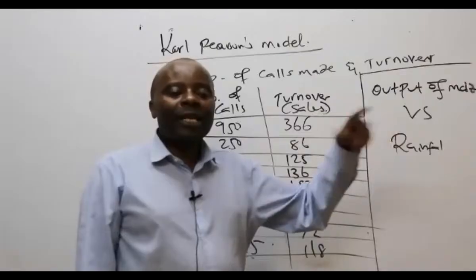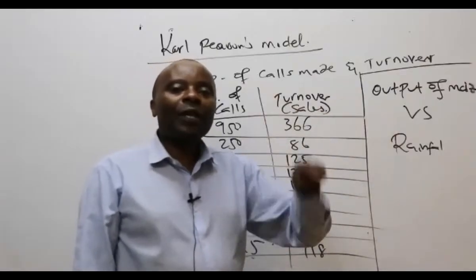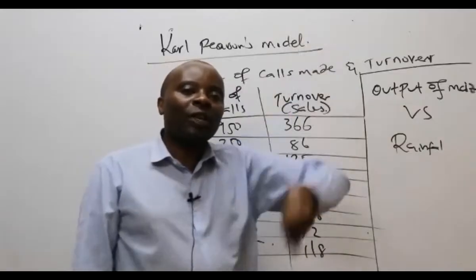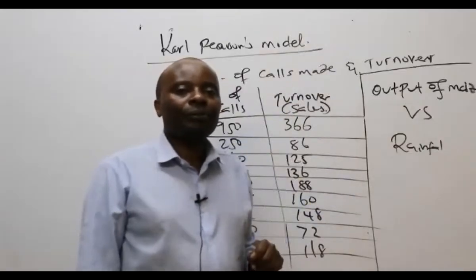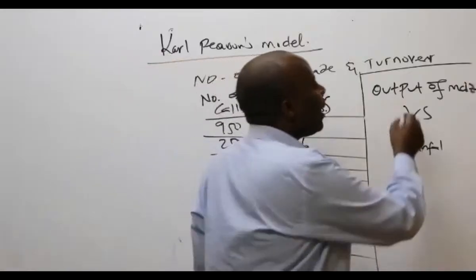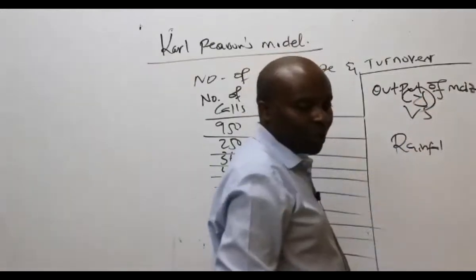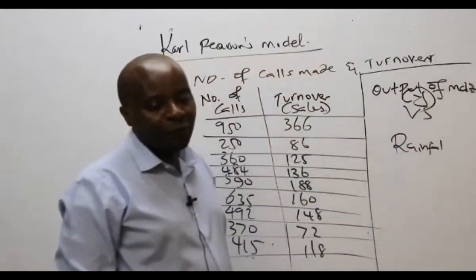The one that depends on the other is maize. So the one that depends on the other on a Cartesian plane has to be plotted on the y-axis. So ladies and gentlemen, here for sure, maize should be the y because it is the one that depends on rainfall.